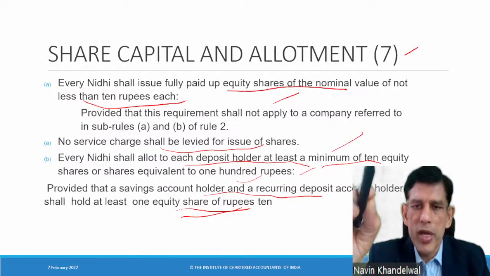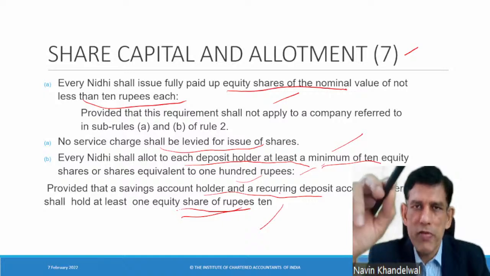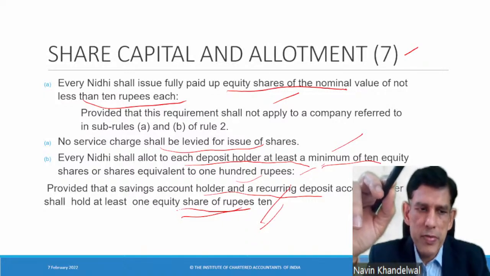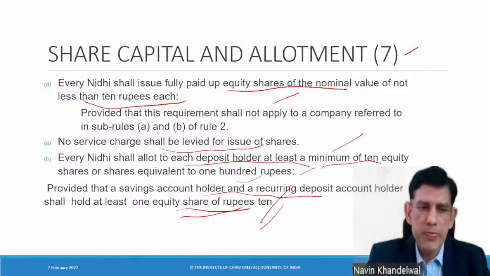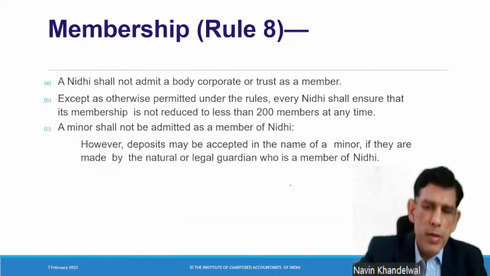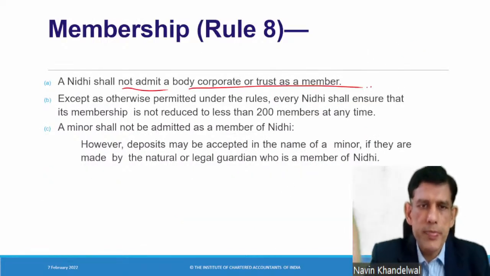Each deposit holder should at least have a minimum of 10 equity shares or 100 rupees worth. But if the deposit is only to the extent of a savings account, you should hold at least 1 equity share of 10 rupees each. This is already understood.